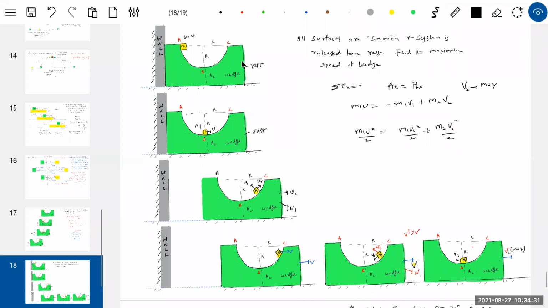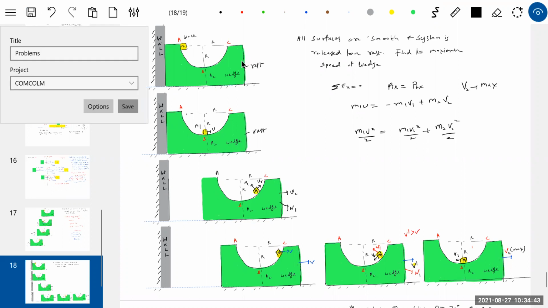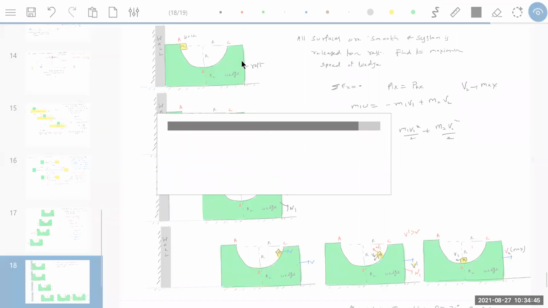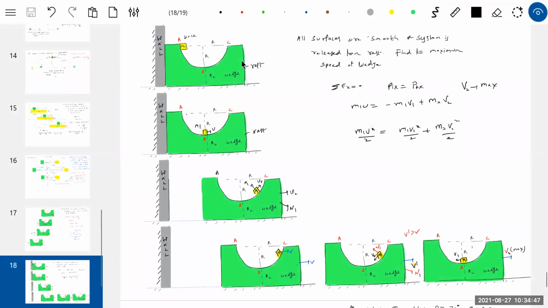You need not bother about all these intermediate steps. If you want to calculate to what height it will rise, you can go for it. Already we have done that. I'm just interested in the maximum speed of the wedge. Now the speed of the wedge will be maximum. That N1 sin theta plus N1 sin theta minus N1 sin theta, net force is 0, therefore we are applying conservation of linear momentum.